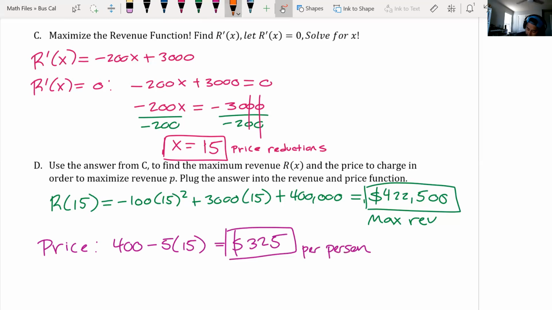And then last would be number of customers. And that is 1,000 plus 20x. So 1,000 plus 20 times 15. And we are going to get 1,300 customers.